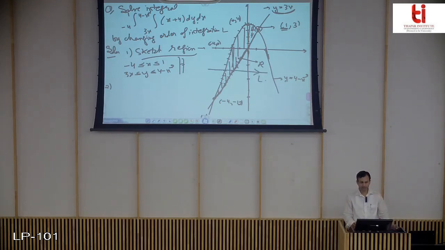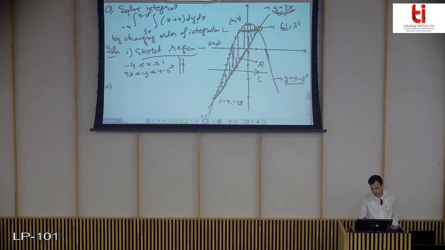So looking carefully at the origin, you can see that up to this point, this imaginary line is entering on this curve y equals 4 minus x square and leaving on the line y equals 3x.